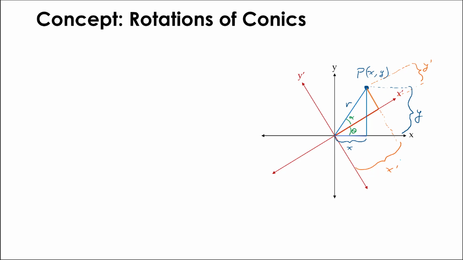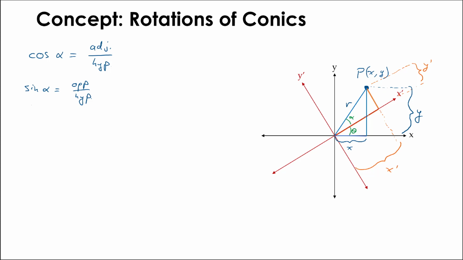In order to go ahead, we're going to prove a couple of equations first, and we're going to need to use what cosine and sine are. We're looking at alpha here. Cosine of alpha is adjacent over hypotenuse, and sine is opposite over hypotenuse.